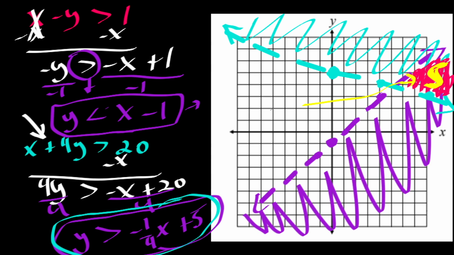So this area right here is our solution. Just remember, lightly shade both inequalities, and then you can shade dark for your solution. All right, so that'll be it.